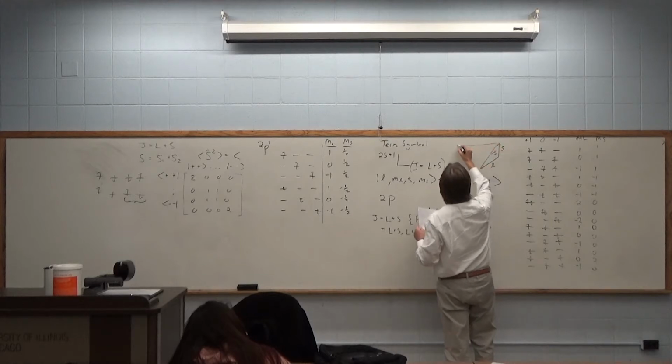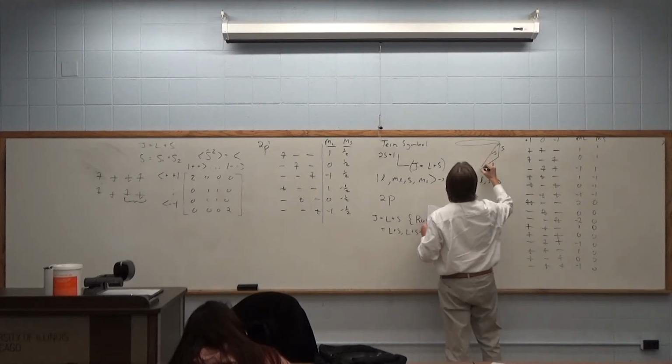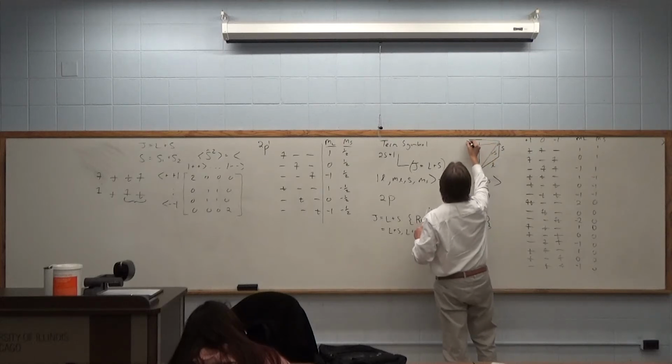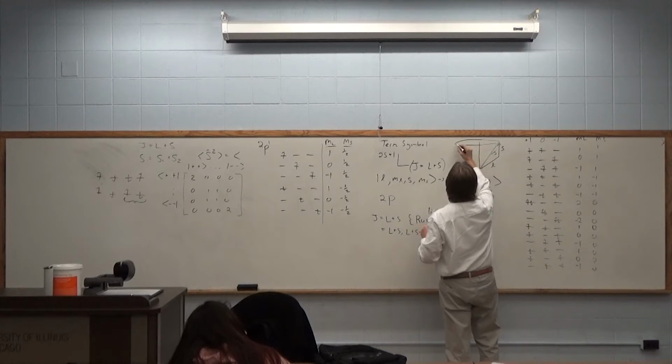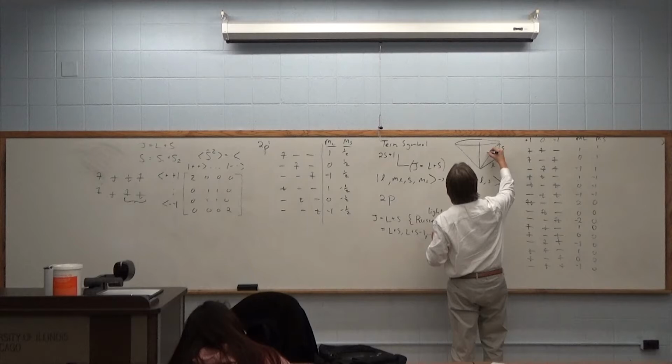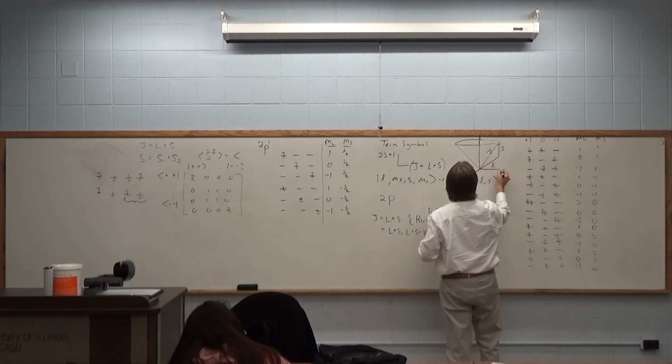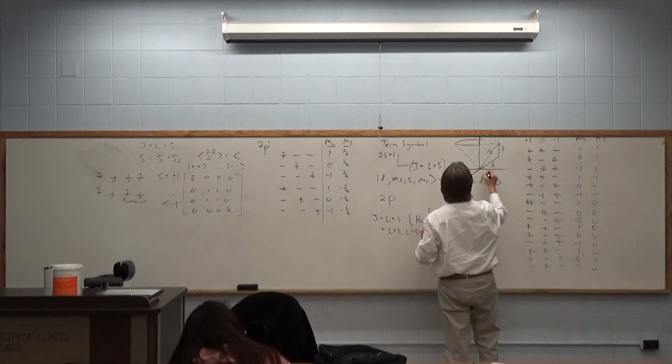Now, of course, I didn't draw that very well. Recall that the way we represent angular momentum is on these cones. So here's the J vector, X, Y, all that jazz, remember all that?